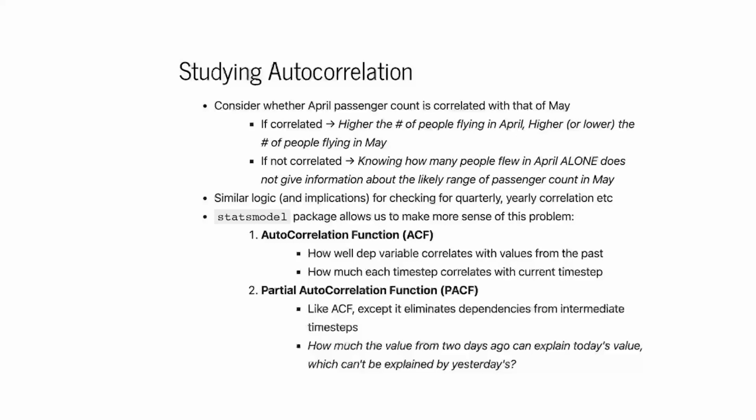That's why there is a nifty automated way to quickly arrive at different lag features that you would definitely want to include in your data set, thanks to the statsmodels package. There are two functions that we can make use of. One is the autocorrelation function or ACF, and the second is the partial autocorrelation function, which is PACF. We will see more of these functions in the next two slides.